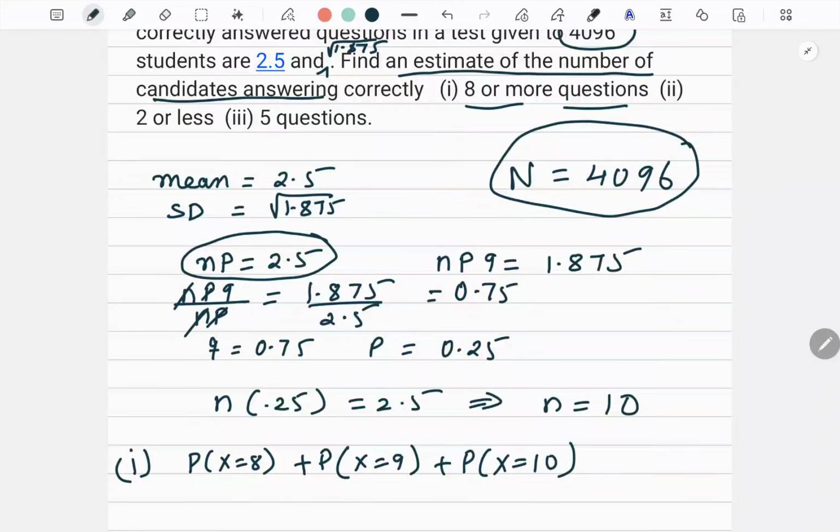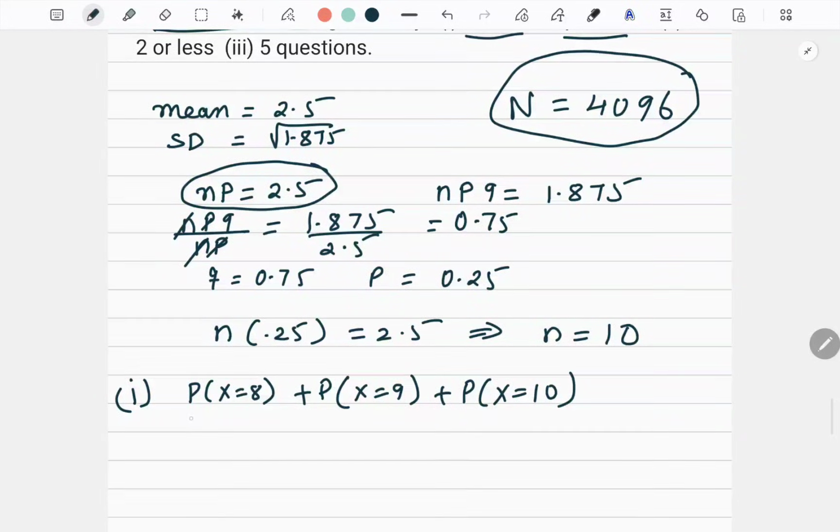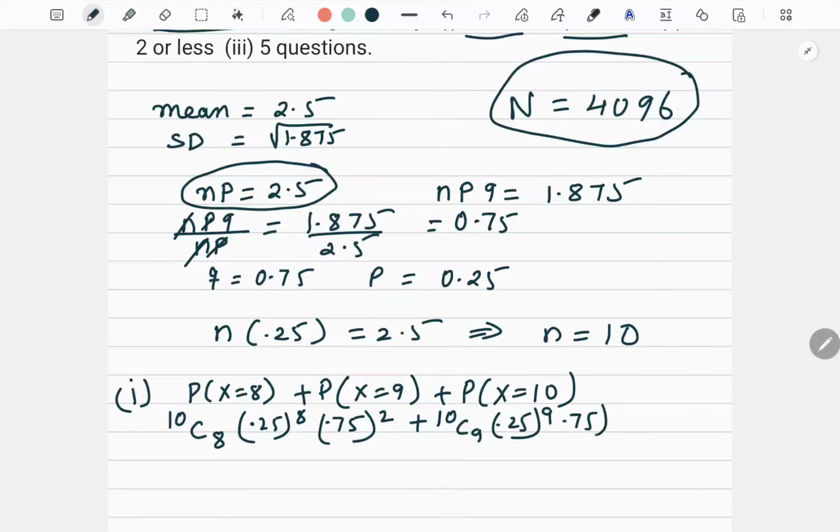x is equal to 10. So let me write down probability for x is equal to 8 will be what? 10C8 P to the power 8 and Q to the power 2, plus 10C9 0.25^9 0.75^1, plus 10C10 0.25 to the power 10.